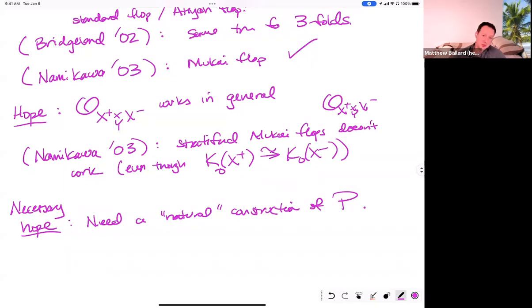Fiber product works in some nice cases, doesn't work in general. So what else can we make with no other information specified?